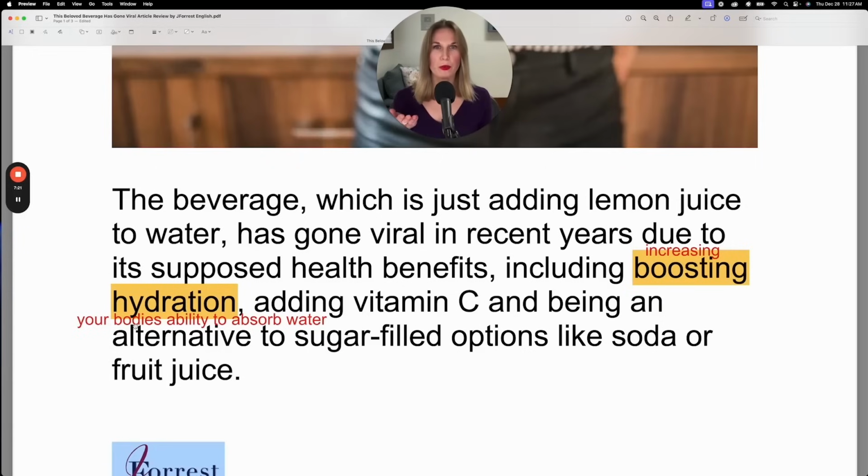So I wrote that here for you, but the technical definition of hydration is your body's ability to absorb water. So you have the water in your body, but then being able to use that water as energy, that would be hydration. Boosting hydration, adding vitamin C, and being an alternative to sugar-filled options like soda or fruit juice. So these are the different health benefits, which is why this beverage, lemon water, has gone viral.